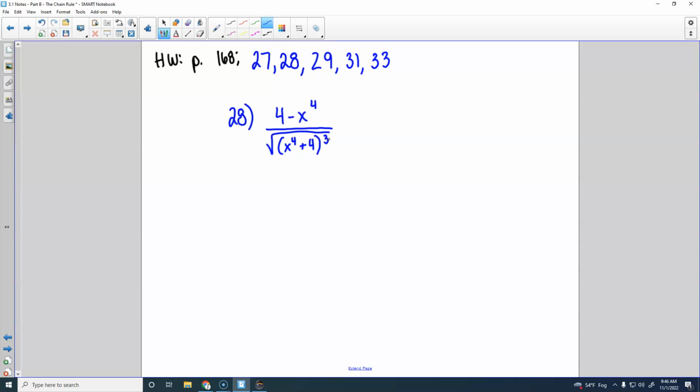And 27, 28, you can use quotient rule if you would like, but you also could use chain rule. If you just take that denominator, move it up to the top with a negative exponent. So whichever one you prefer there is fine.